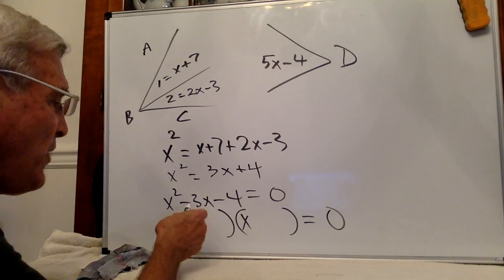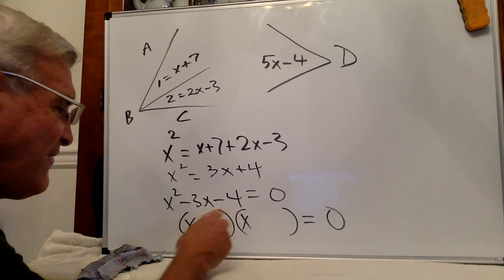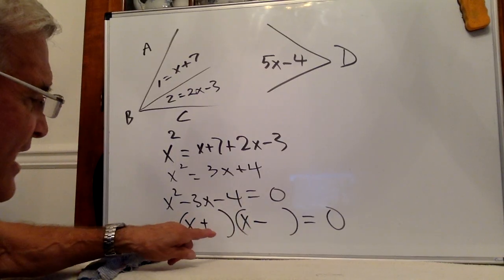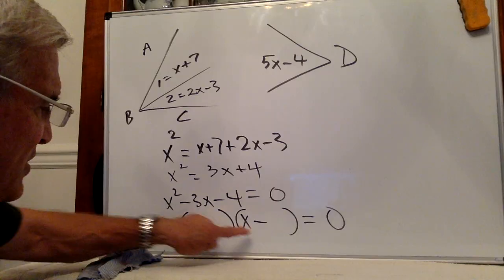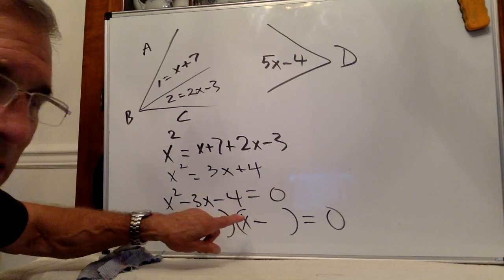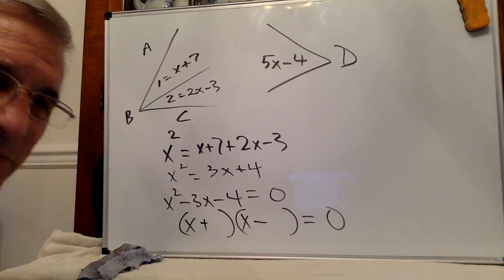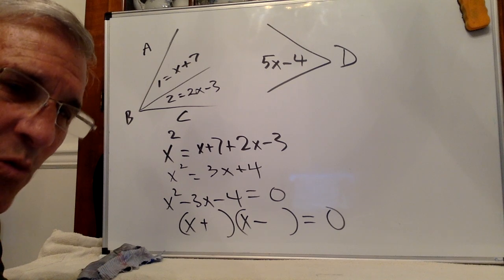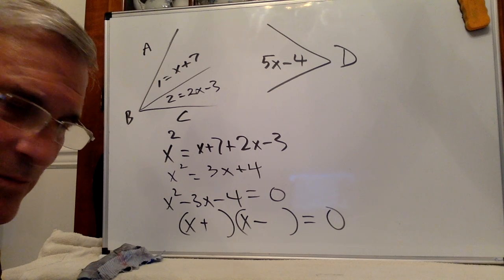Well, the only way to get a negative term in the middle and a negative last term is if one of these is positive and one is negative. And in this case, since both of these are the same letter, x and x, I can put plus minus or minus plus. It doesn't matter. It's the same thing. There's two ways to factor 4. 4 and 1, 2 and 2.